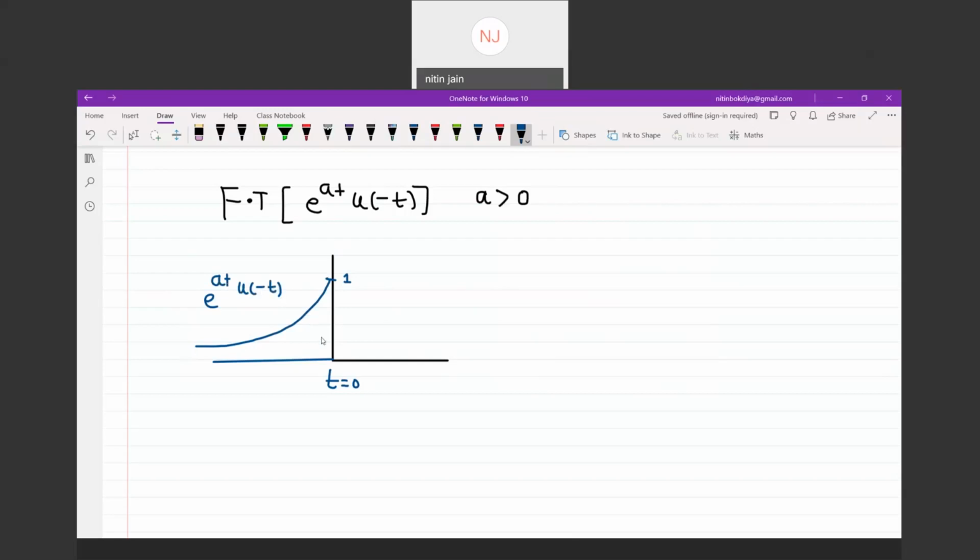And this curve is also convergent. Its area under the curve is finite. That's why we can find the Fourier transform of this function.